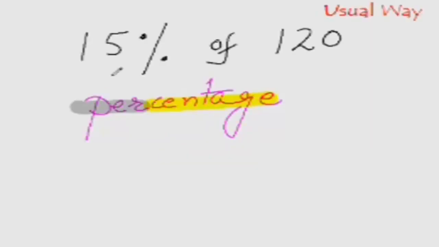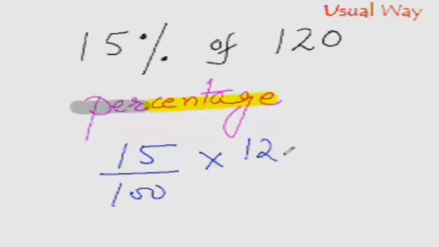So in order to find 15% of 120, all you need to do is write 15 over 100, isn't it? 15 out of 100 times 120. Now just simplify it. Cancel out this 0 here, this 0 here. Now you have to find what is 15 times 12. So either you can do it directly, because 15 times 12 is 180.